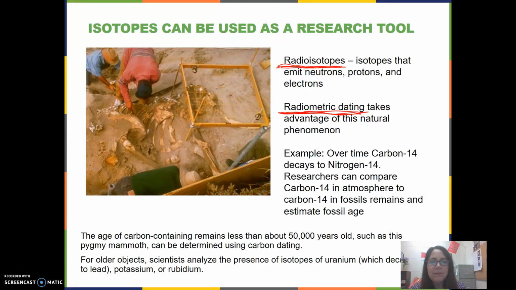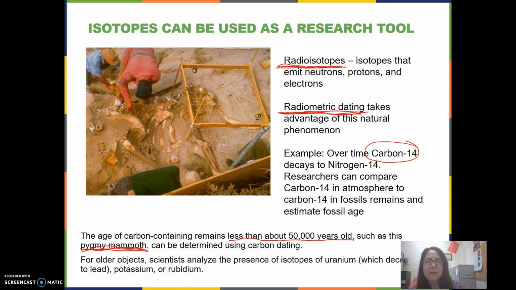You can use carbon-14, the isotope of carbon-12, which is the one that has 6 protons and 8 neutrons. And carbon-14 is a radioisotope that can be used in dating fossils that are less than 50,000 years old. So this pygmy mammoth, these bones that these researchers are very painstakingly trying to recover, are the fossilized bones of a pygmy mammoth.